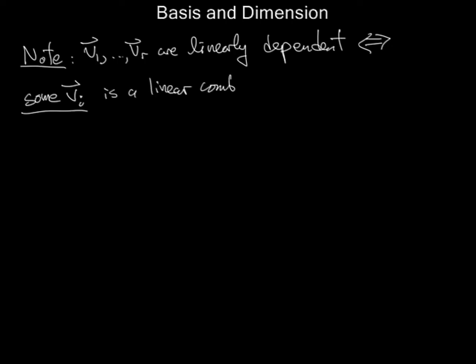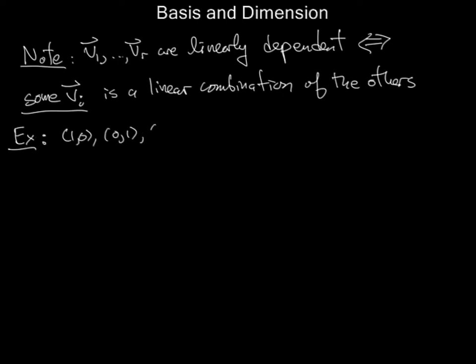Here's a slightly different way to think about linear independence and dependence. A bunch of vectors are linearly dependent if and only if one of them, I'm not sure which one, but one of them, vi, is a linear combination of the others. So again, that's sort of reinforcing the extra notion.